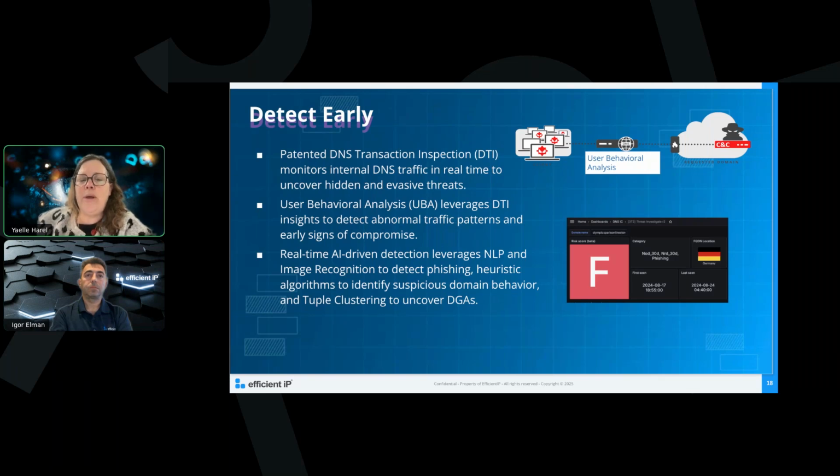Then on top of that, we apply what we call user behavioral analysis, which are triggers or rules that identify abnormal patterns in the DNS traffic. For example, unusual query volume or destinations that might signal a compromise. I will show an example of that in the next slide.